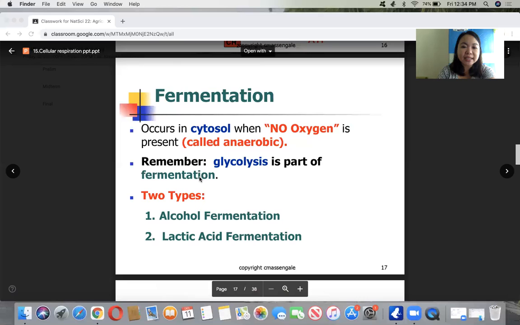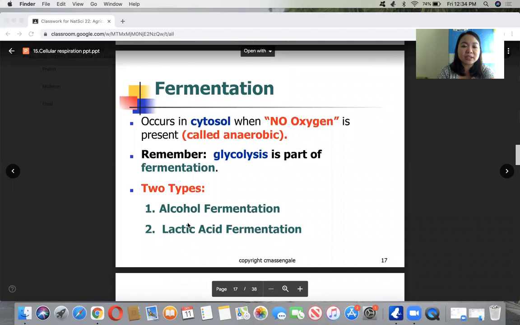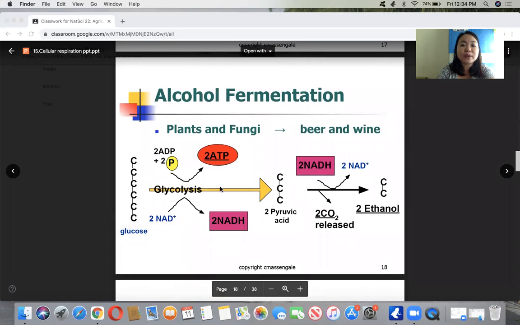So glycolysis is part of fermentation, wherein there can be two types of fermentation, the alcoholic and the lactic acid fermentation. Alcohol fermentation occurs in plants and fungi to make beer and wine.